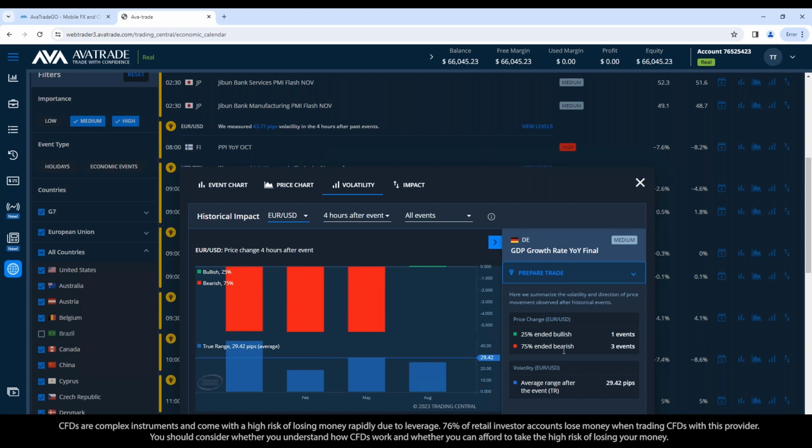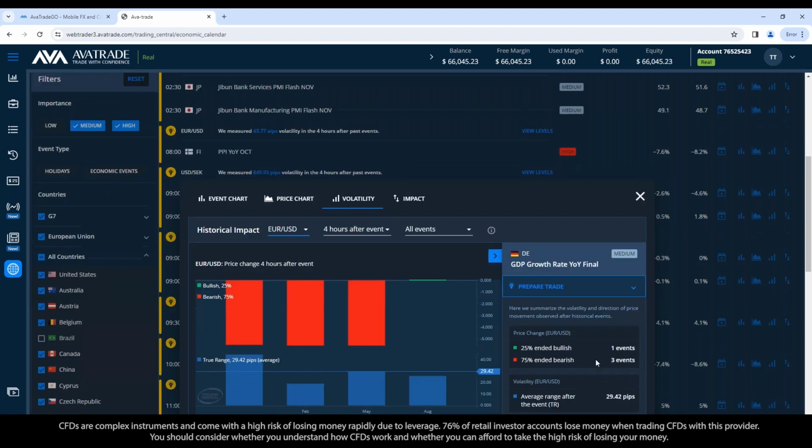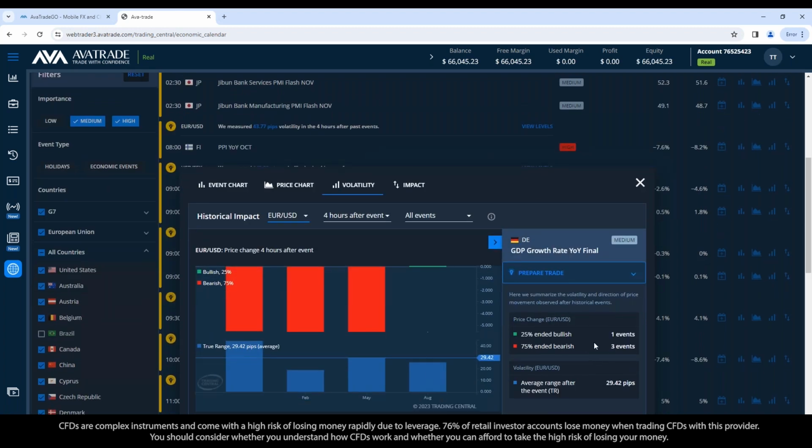Now, if we then get selective and say, 75% of the time the Euro dropped against the USD regardless of how the numbers came in, if we're looking at all events, okay? So just from the beginning, you start to see, looks like when these numbers come in, it would make sense to sell.